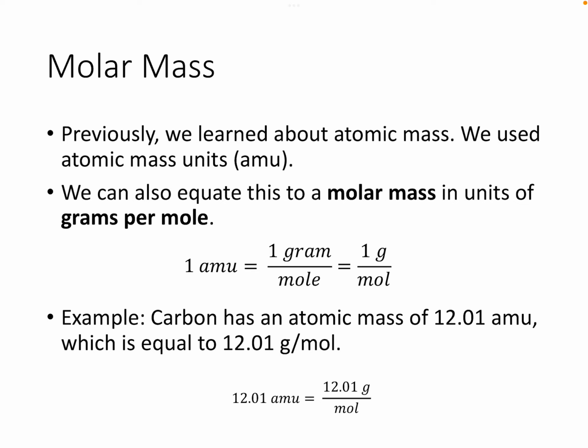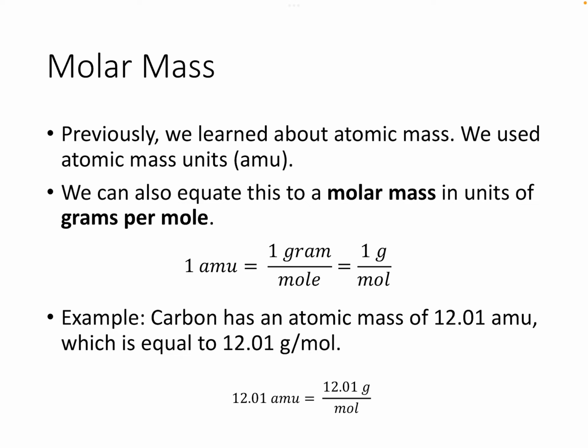In this video, we are going to go over molar mass and how to convert between mass and moles. So previously, we learned about atomic mass, and we used atomic mass units, AMU.